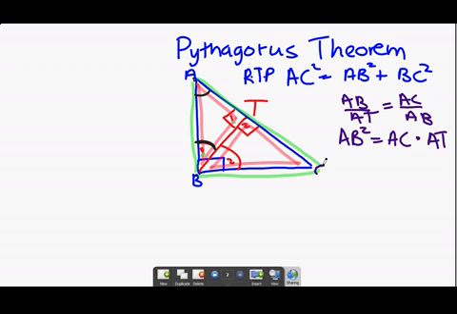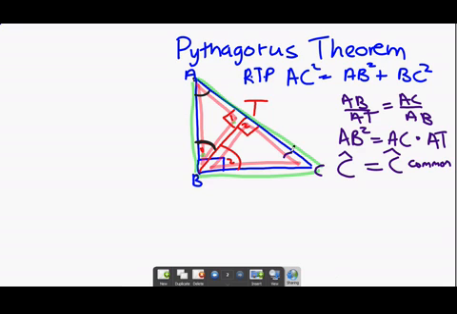I want to go to the triangle CB2T2. Now, comparing the triangle CB2T2 with the big triangle, we will notice that they have C in common. They both have C, so C is common.